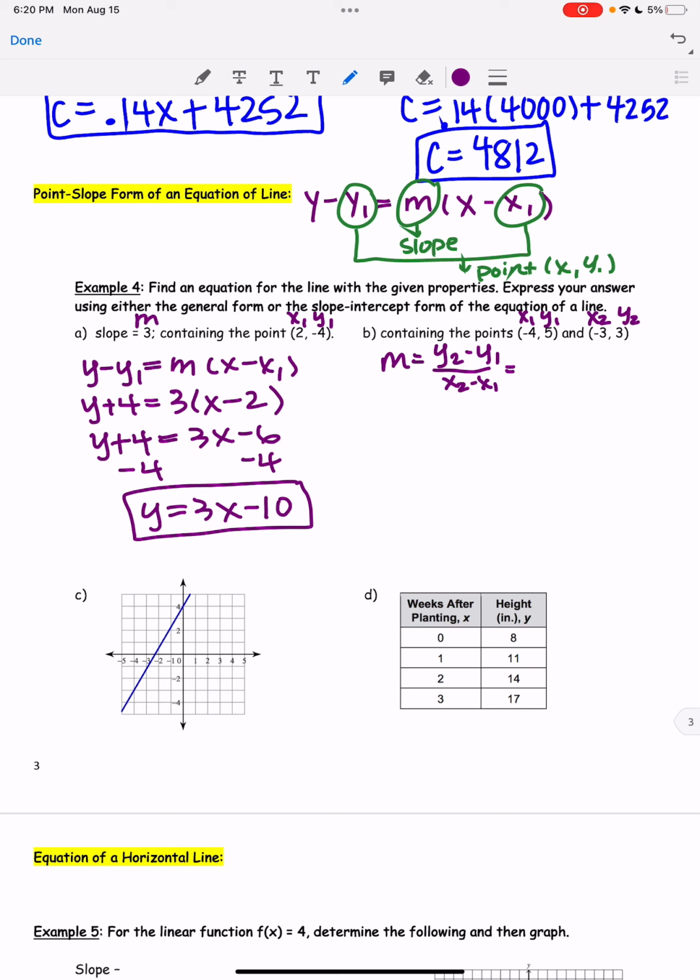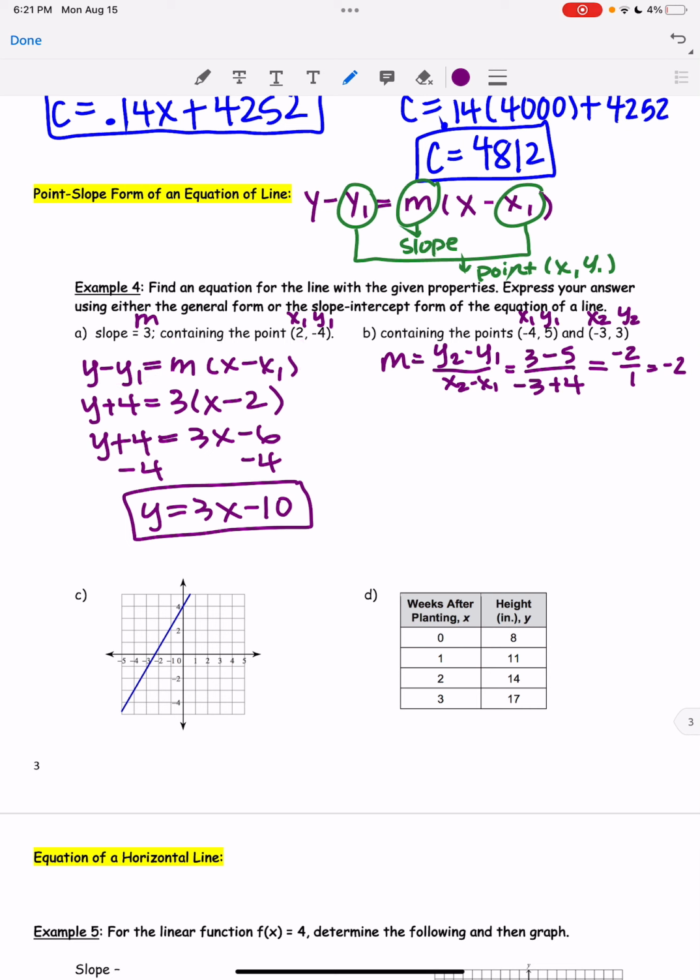So y2 is 3 minus y1 is 5. x2 is negative 3 minus x1, which is negative 4. So that's going to be plus 4. So I'm going to get negative 2 on the top over 1. So that's negative 2.